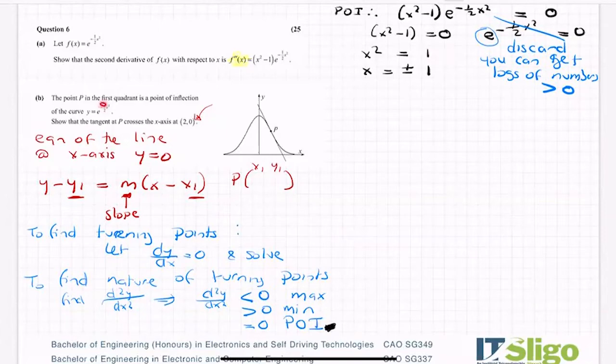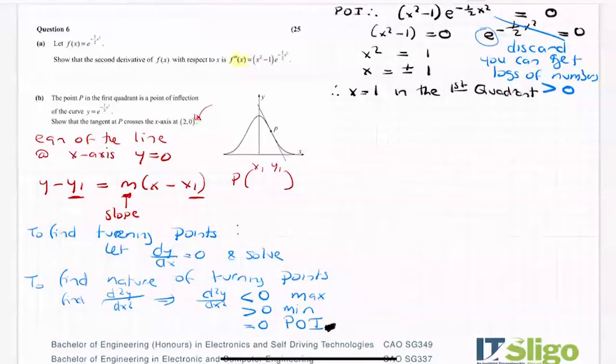Let's go back here because it tells us we're in the first quadrant. Okay, so x equal to 1 is here, x equal to minus 1 is here. So therefore, x is equal to 1 in the first quadrant. Okay, so that's my x value of P, my point of inflection.